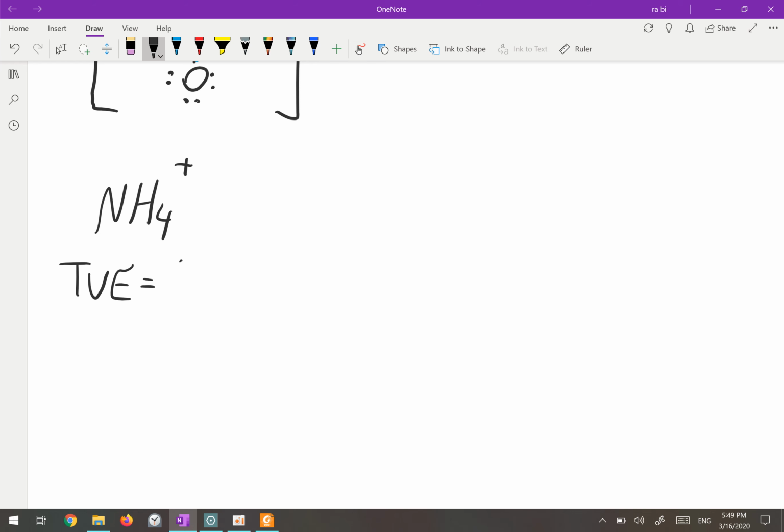Nitrogen is group 15, so it has 5 valence electrons, plus you have 4 hydrogens, each one of them has 1 valence electron. Here you have a positive charge. It means this compound has lost one electron, so we have to subtract 1 from these electrons. So the total valence electrons for this compound becomes 8.